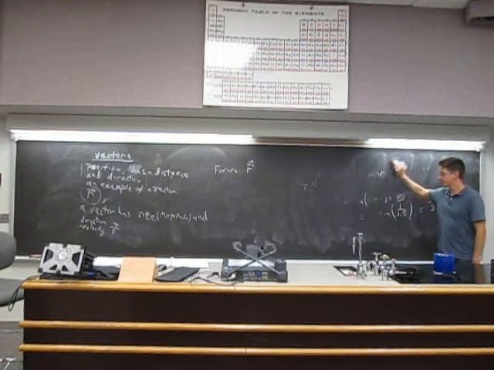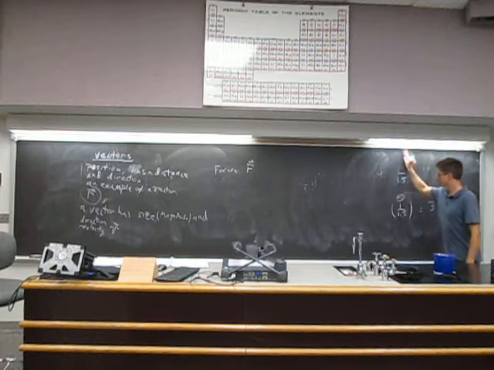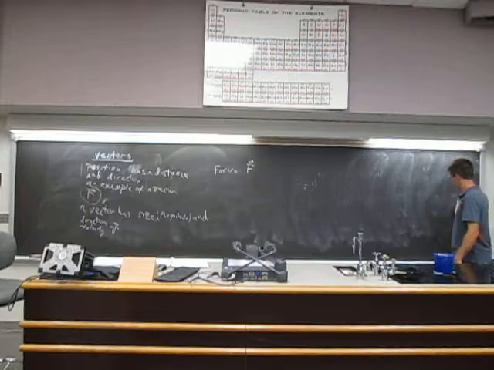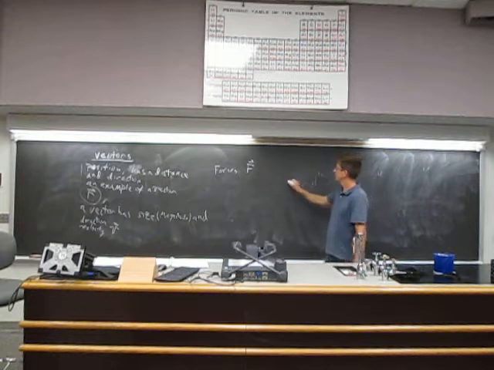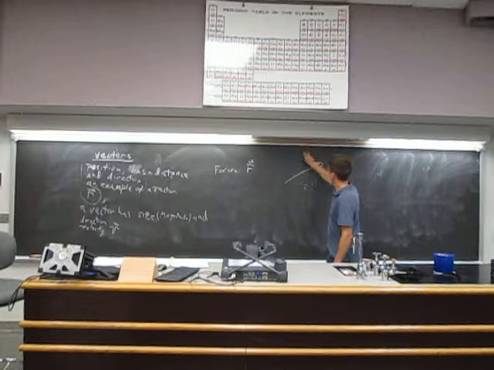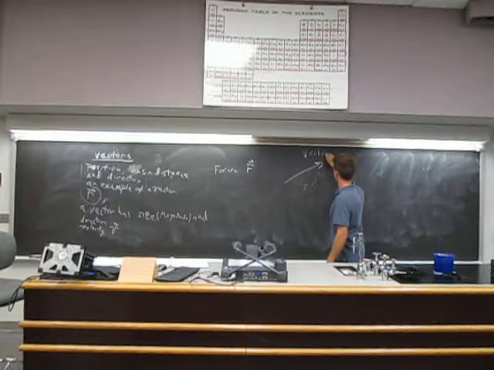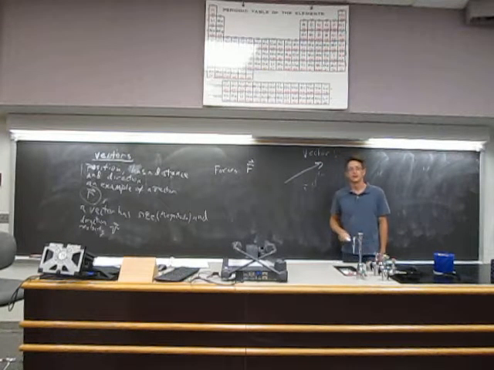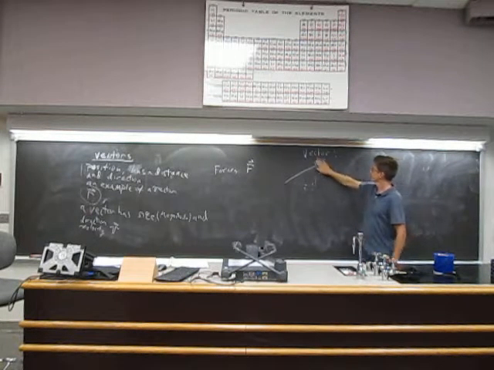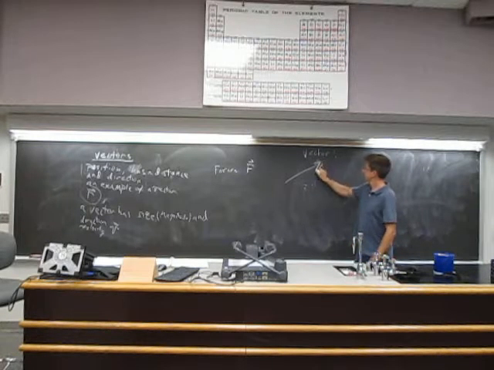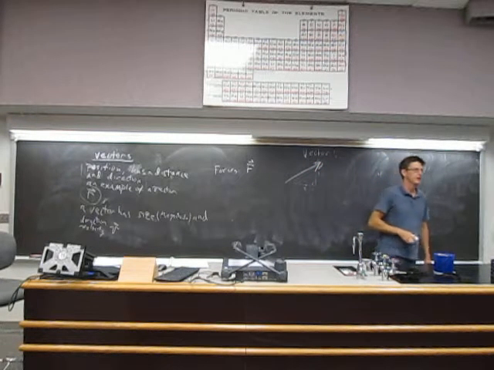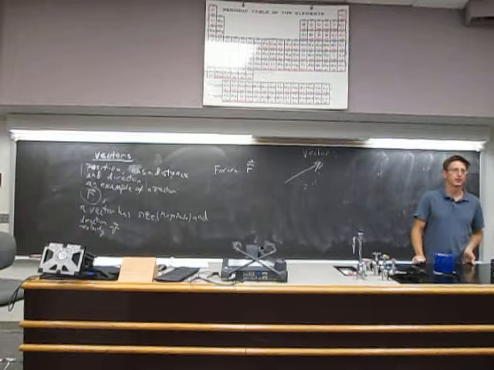We symbolize a vector, or we can draw a vector, by writing a little arrow. Anyone look at any of the weather maps and stuff like that?